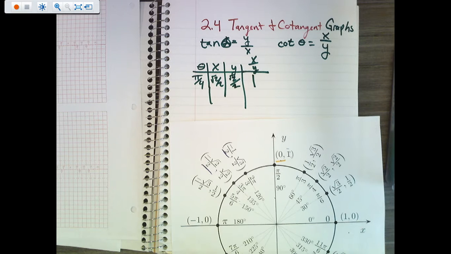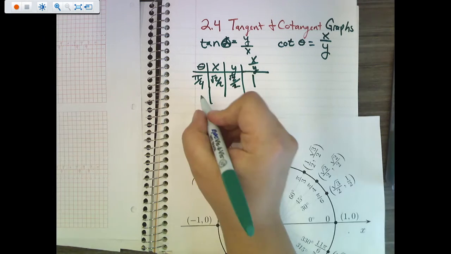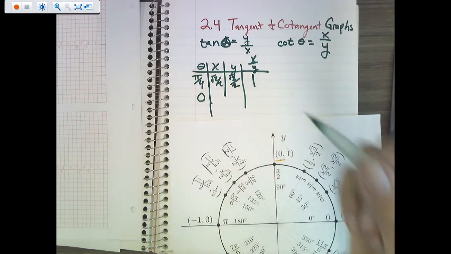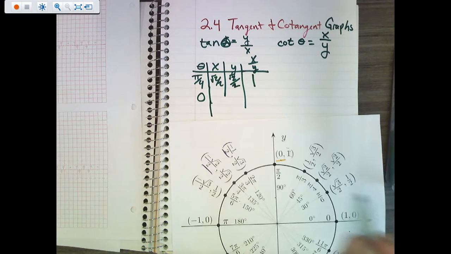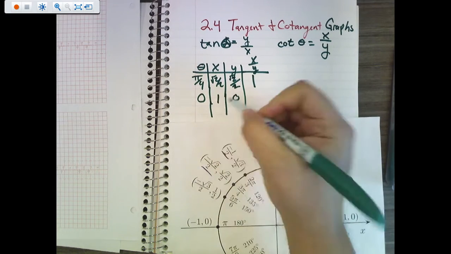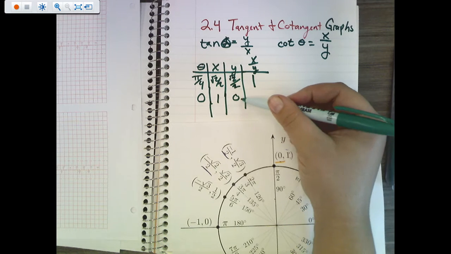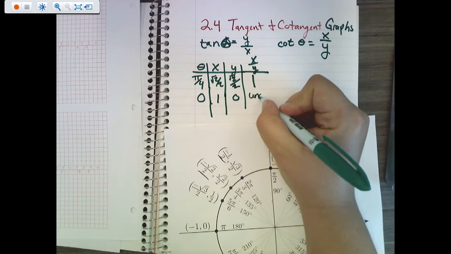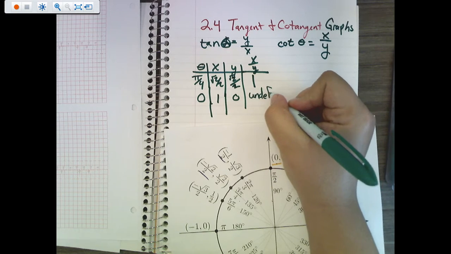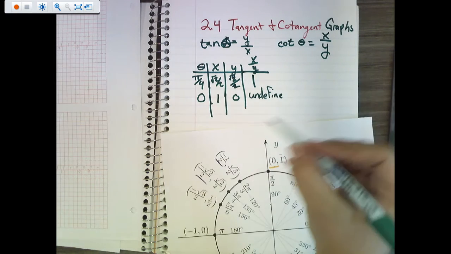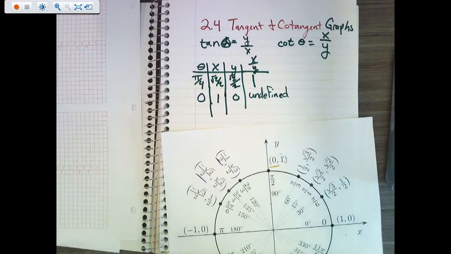How about also at 0, I should have written down my 0 angle first. So if I had 1 and 0, the x over y is undefined, right? I can't divide by 0. And what that is going to look like is everywhere I have an undefined, I am going to have that vertical asymptote.